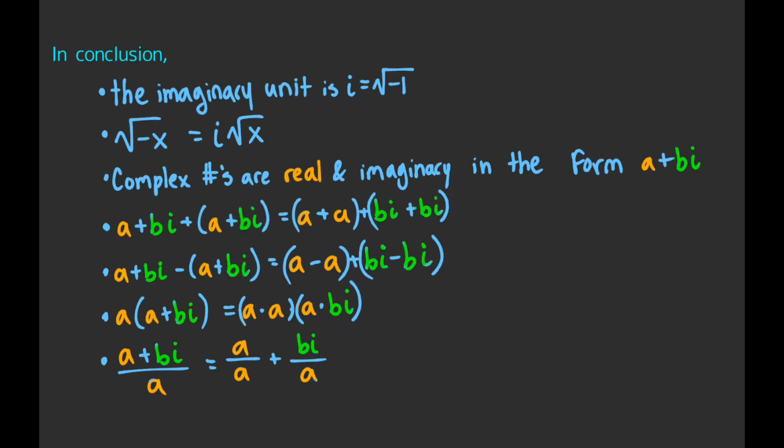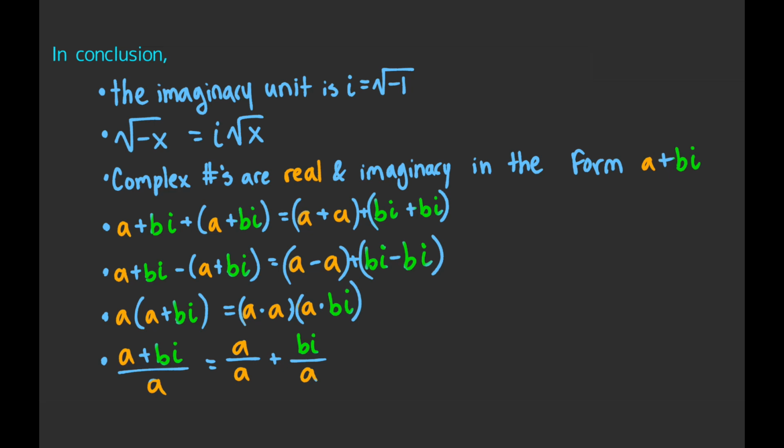So we are at the end of the lesson, so time to go over the conclusion. In conclusion, the imaginary unit is i equals the square root of -1. When we're simplifying imaginary numbers, the square root of -x equals i times the square root of x.